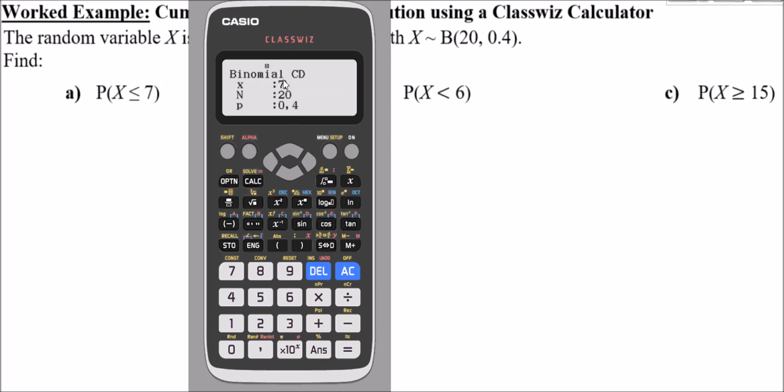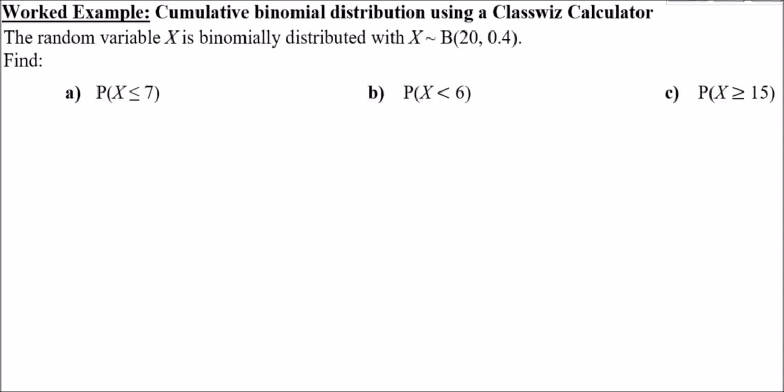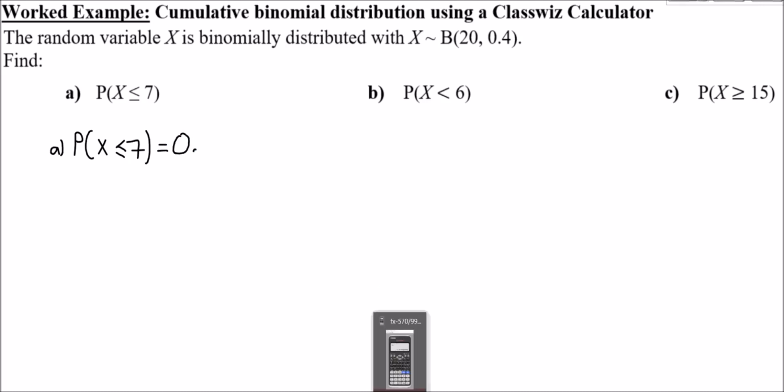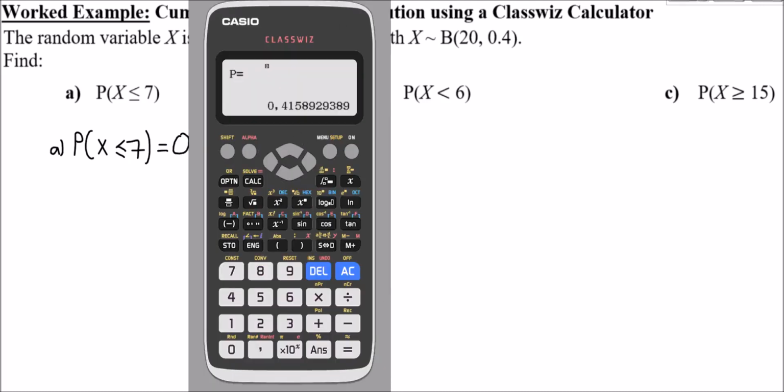So we type in 7, 20, 0.4, press equals again to actually calculate it, and we get 0.4159. So that's our answer for part A. The probability of X is up to and including 7 equals 0.4159.